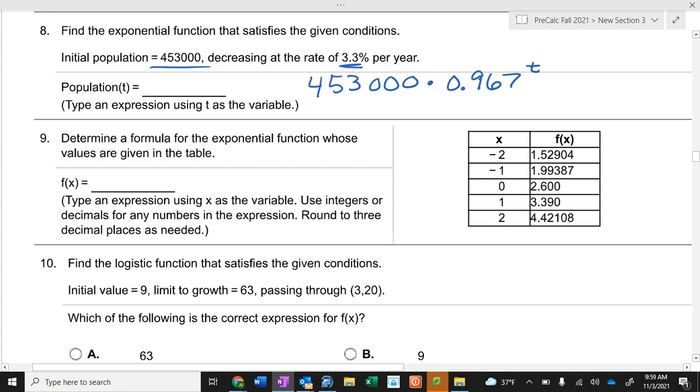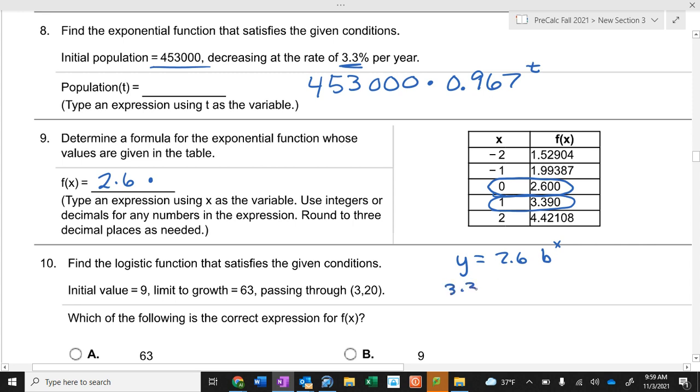Okay? This one, what's my initial value? What would be my initial value here? 2.6. Wherever 0 is, that's my initial value. So it's 2.6 times, okay? Then my value at 1 is this, okay? So I know y equals 2.6 times b to the x.